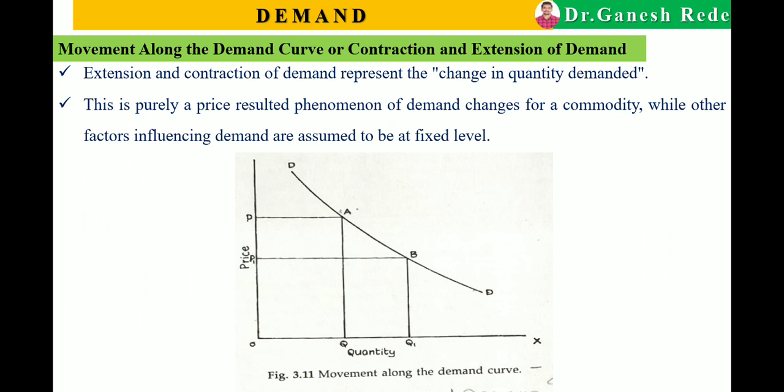And when you get a lower quantity at a higher price, that is the contraction of demand. That is the upward movement from B to A. So this is about the contraction and extension of demand.